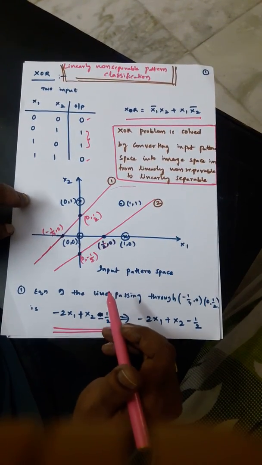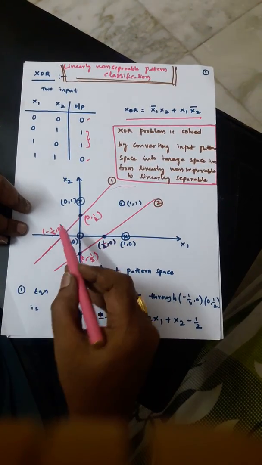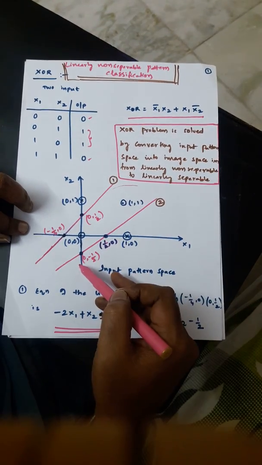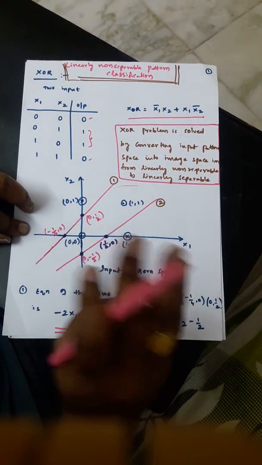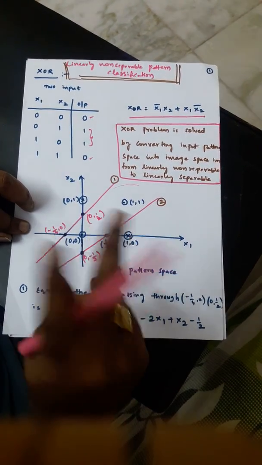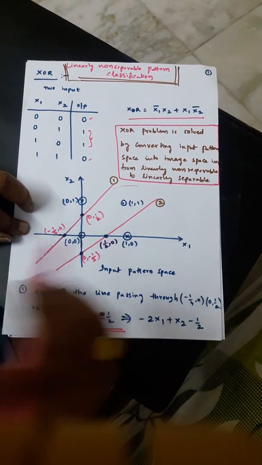So I've considered two lines in such a way that the four input patterns are divided into two classes, like this.